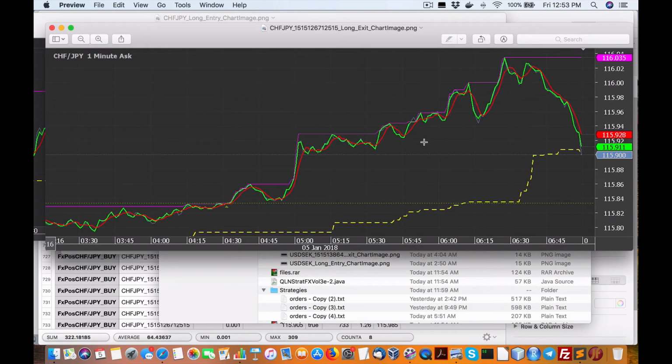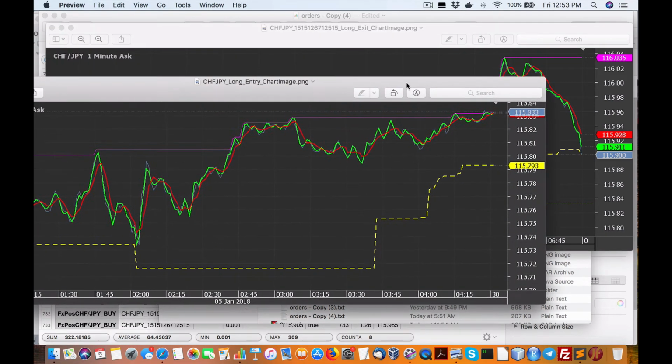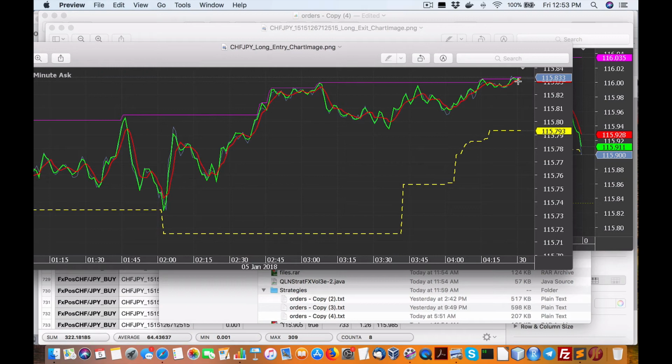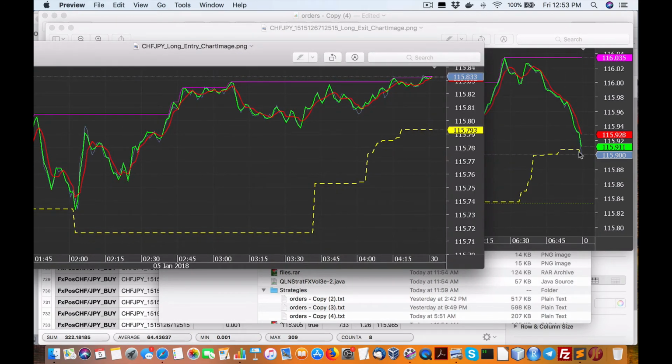I'm not sure if this, oh no, this is a long right here. So I'm sure this is where it lost money. But it did trigger it at the right spot. I would think right here. And then it exited right here.